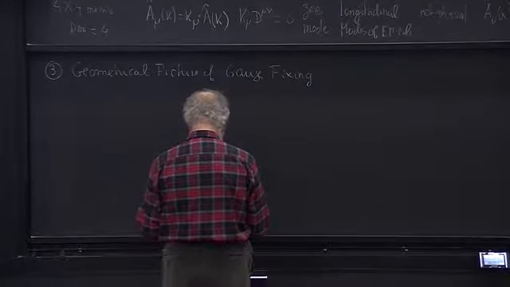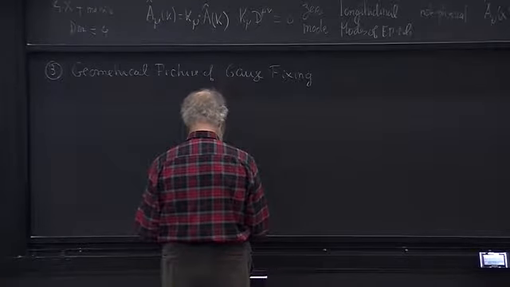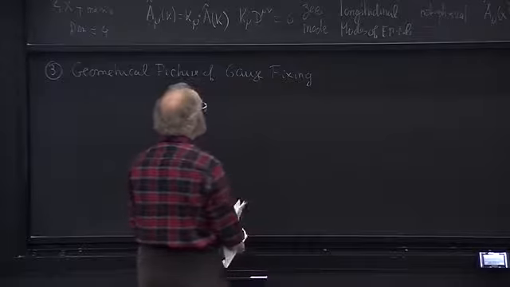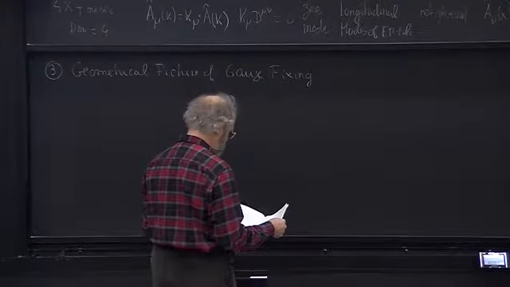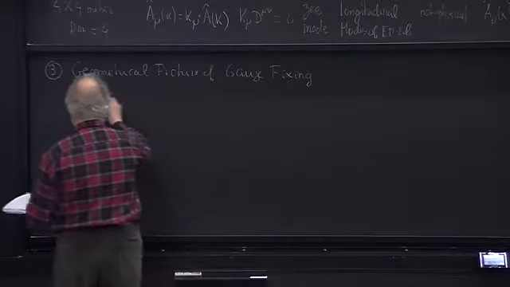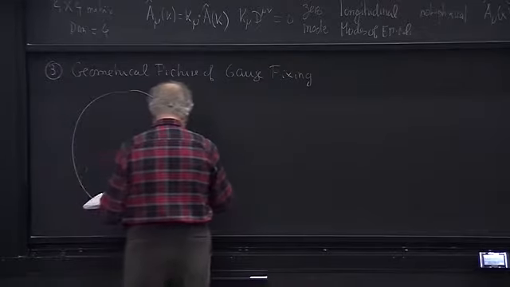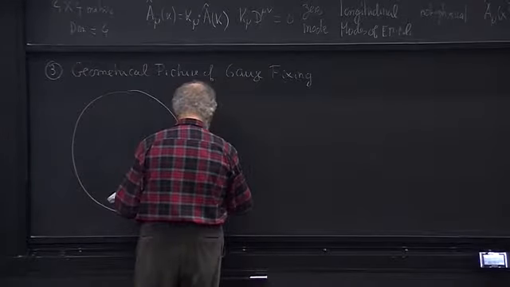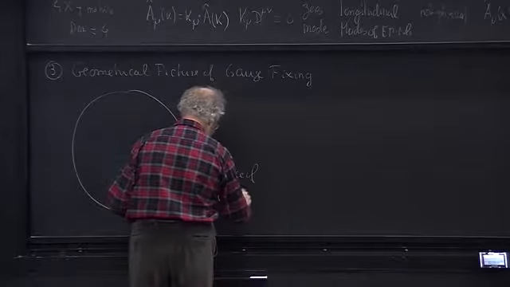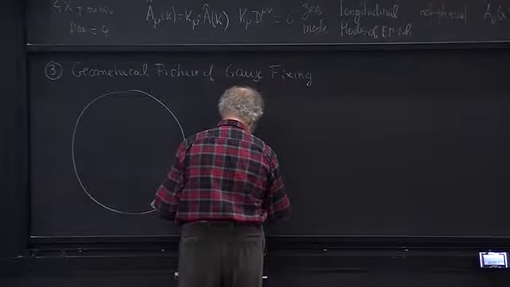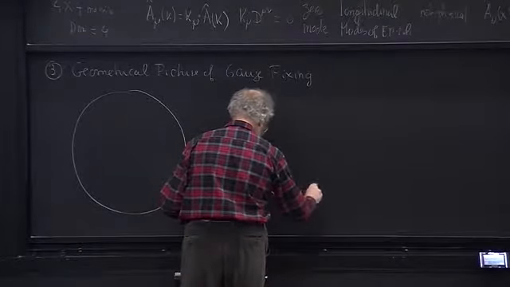So I'm going to consider a big space, which is a space of all gauge field configurations. It's an infinite dimensional space. So let me write it here like this. Of course, it's going to be an infinite space, which I'm going to call A, which is a space of gauge fields, or potentials, A mu.